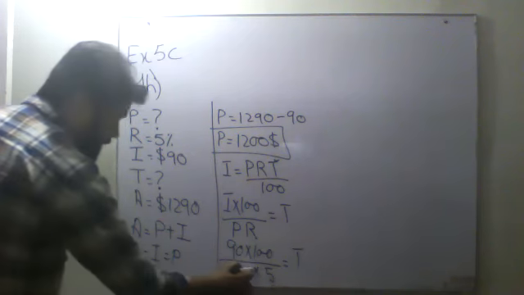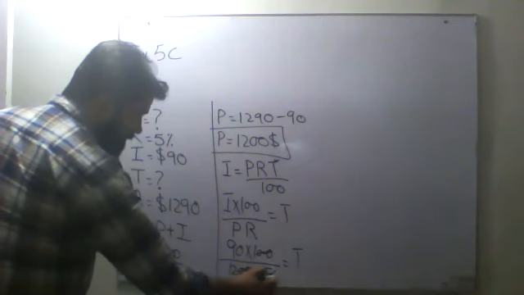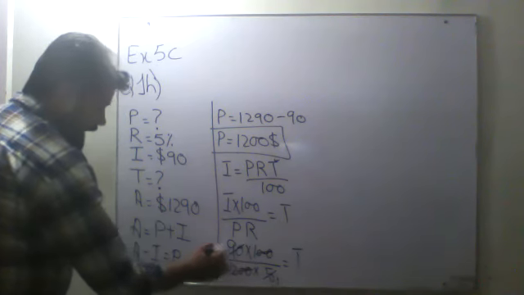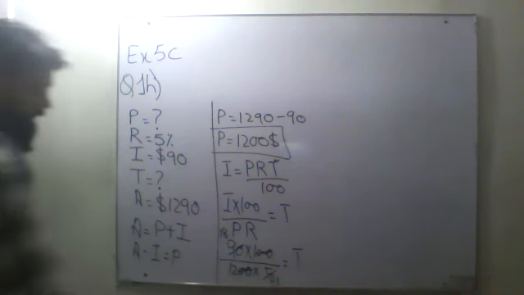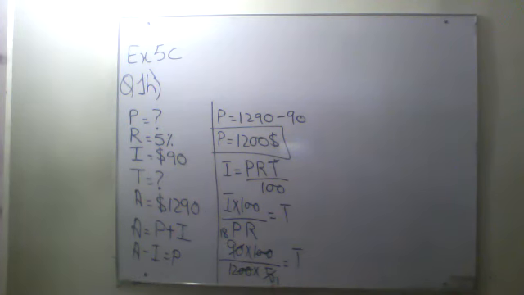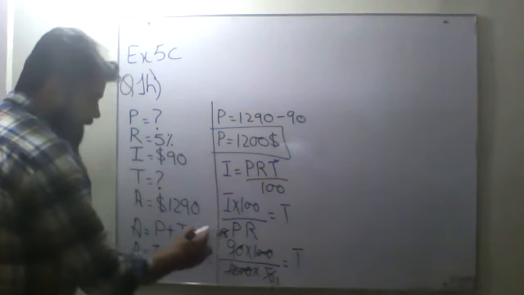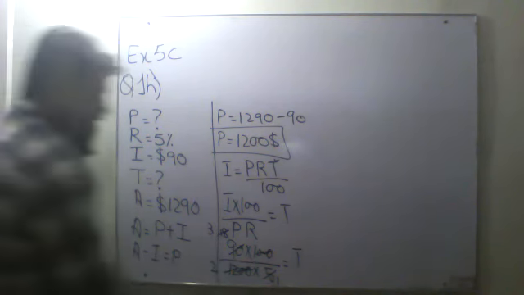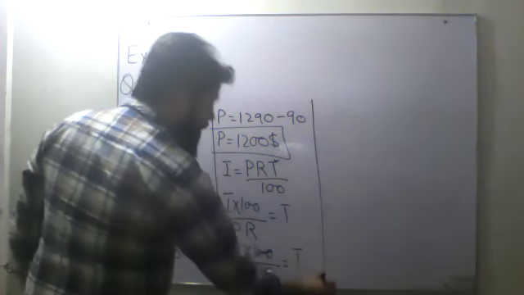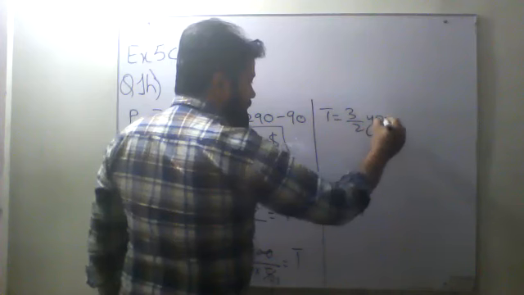Okay. So these two zeros will cancel these two, right? And then I can solve it, 5, 1, 8, 18. And 18 over 12 will become 3 over 2. So the final answer of time is coming 3 over 2 years.